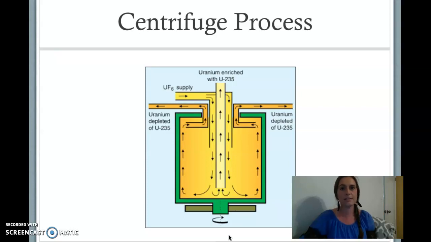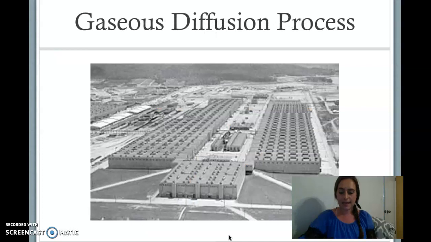So a rival process was actually created at Columbia University, where gaseous uranium hexafluoride was diffused through barriers or filters. Slightly more molecules containing uranium-235 would pass through the filters than those containing uranium-238.